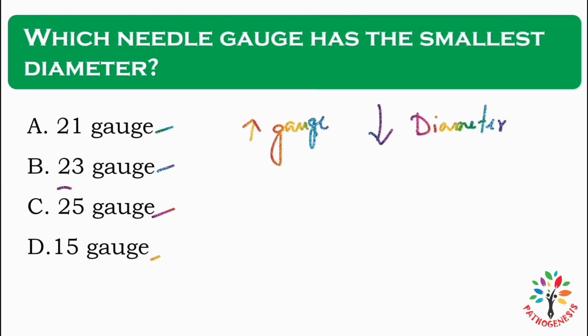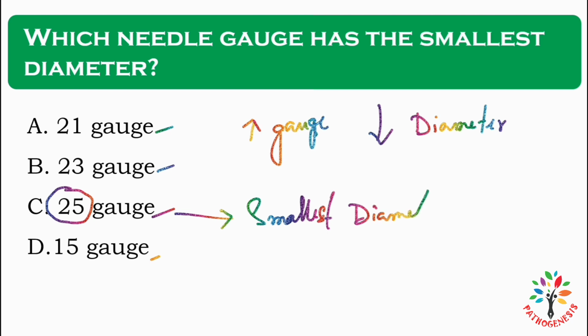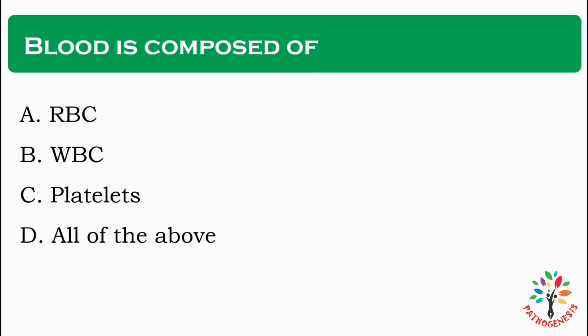Just remember this. 25 is the largest number, which means it is the smallest diameter needle. So the correct answer is 25 gauge. If we ask which one is the largest diameter out of these four, then your answer will be 15 gauge.